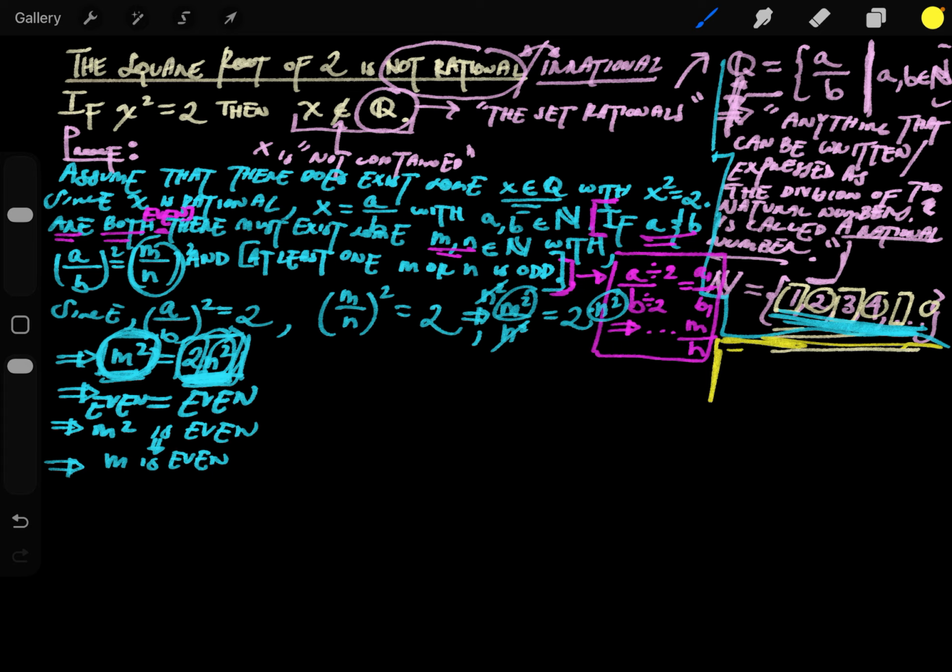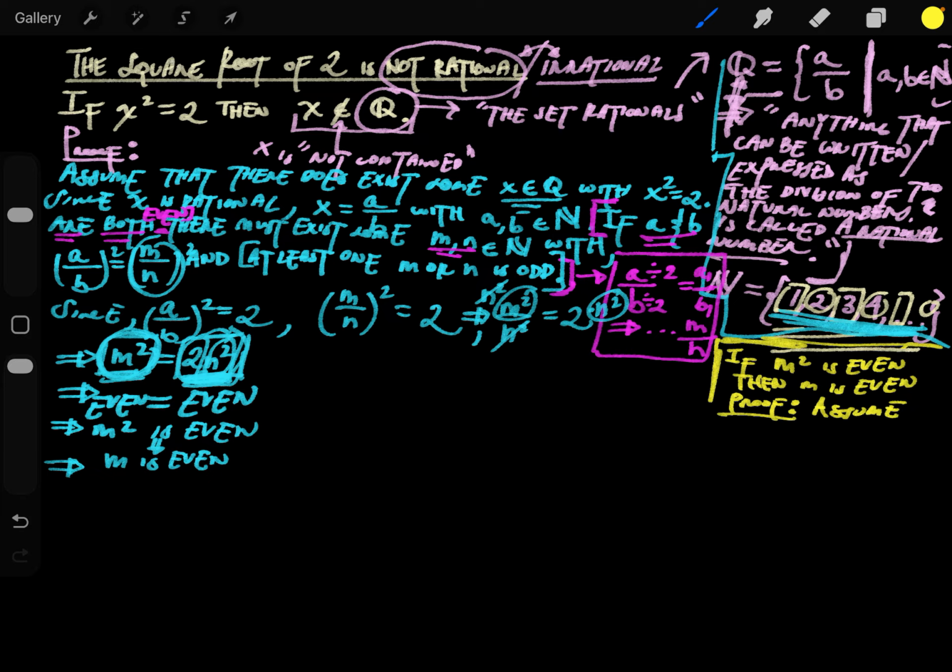lemma: if any natural number squared is even, then m is even. And to prove this, we do a proof by contradiction. So what do we have in this one?